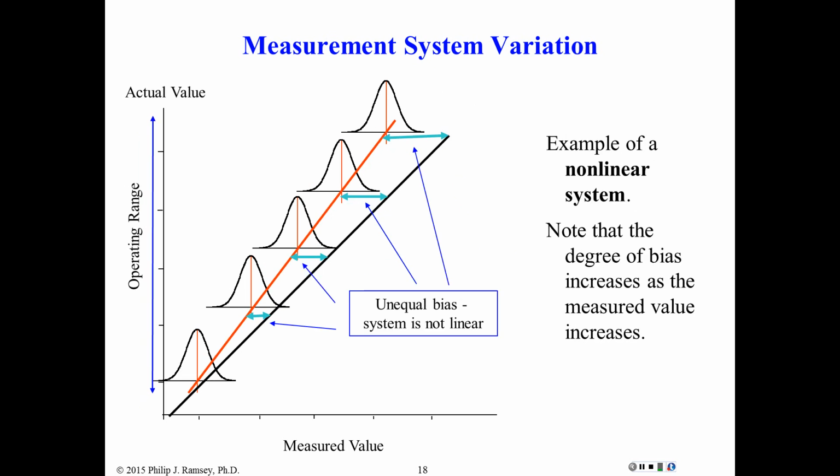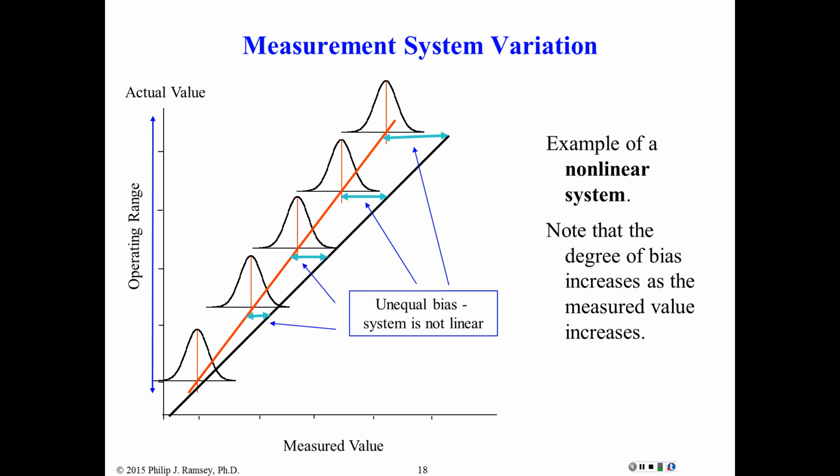In a nonlinear system, the bias is typically proportional to the size of the feature you measure. This is very undesirable, but unfortunately occurs quite frequently in practice. For instance, an instrument that is incorrectly calibrated will typically increase the inaccuracy of the measurements as the size of the feature goes up.